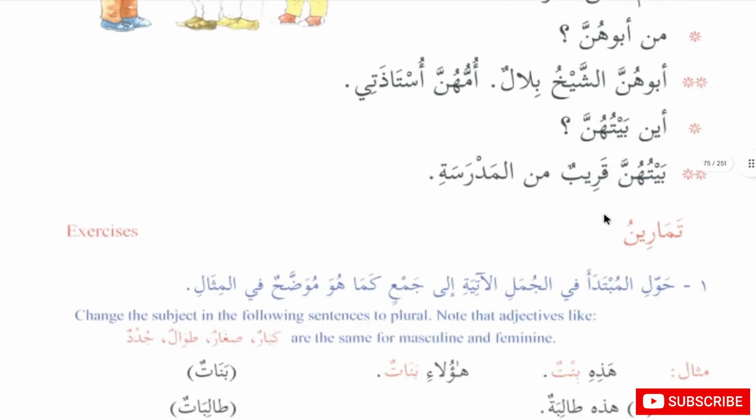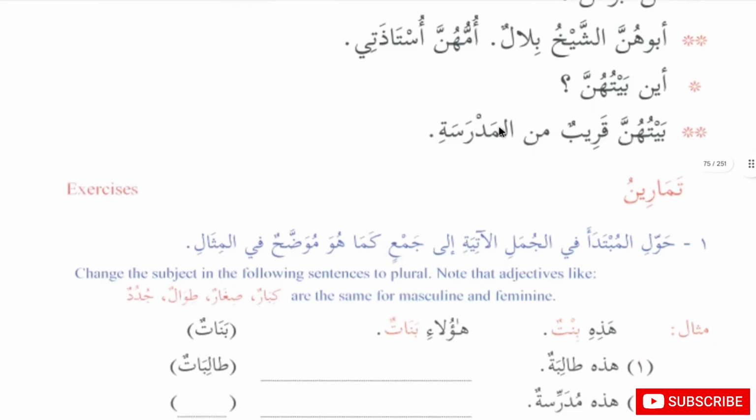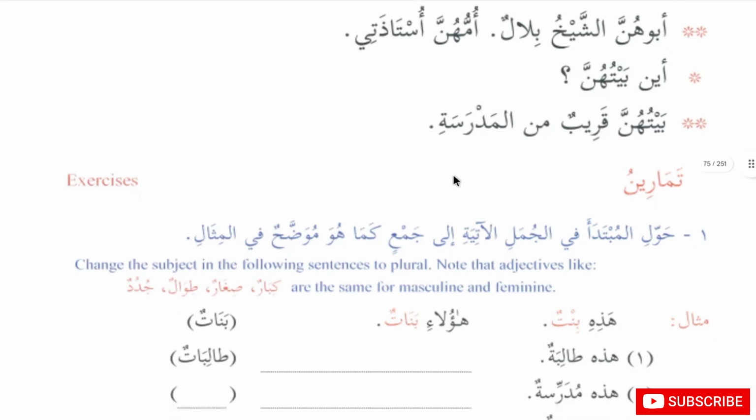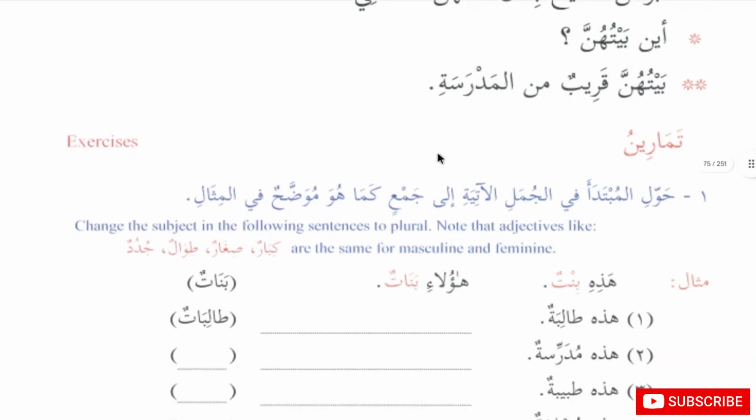Where is their house? Baytahunna qaribun min madrasa. Their house is qarib, it's near. You can also say Baytuhunna baridun, far, min madrasa, from the school. By the way, the word madrasa comes from the word darasa yadrusu, dars, which means to study, to learn. Madrasa is the place of studying, the place of durus. So it can be used for any place of learning.